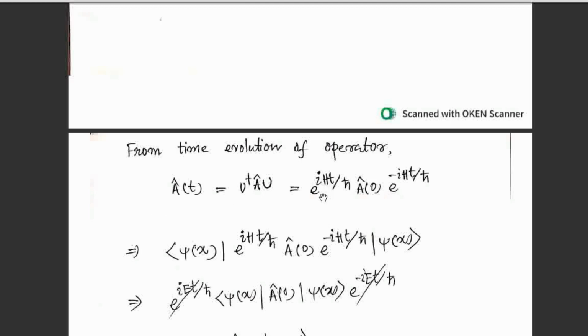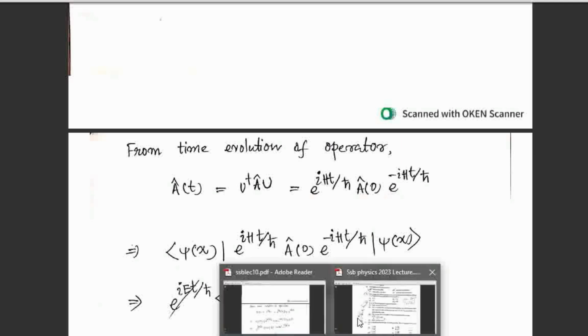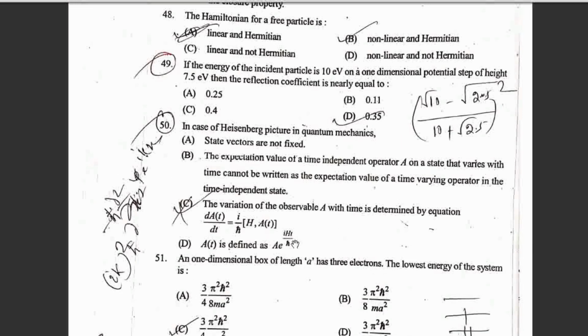We can write it as U dagger A U. That means there are two unitary operators here, but in the option only one operator is mentioned, that is e to the power iHt by h cut. Only one unitary operator is present. That's why option D is an incorrect statement. So option C is the correct one. Okay, thank you.